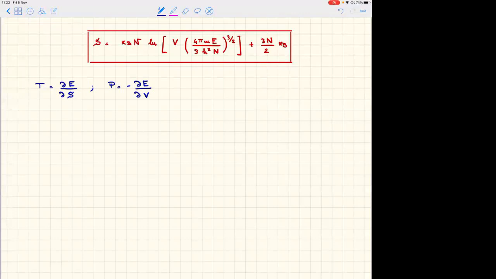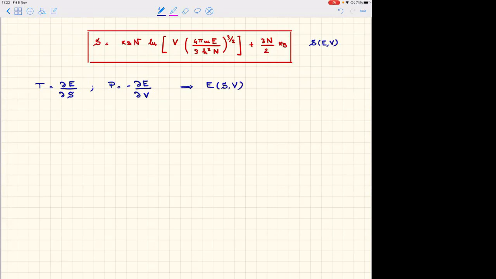Now, you see that in order to compute these quantities, I have to re-express things. Here I have the entropy S as a function of energy and volume. So what I want to do now in order to compute these two derivatives is re-express the internal energy as a function of entropy and volume.